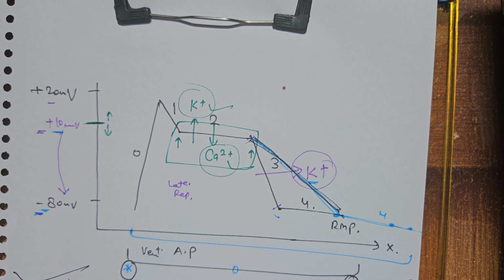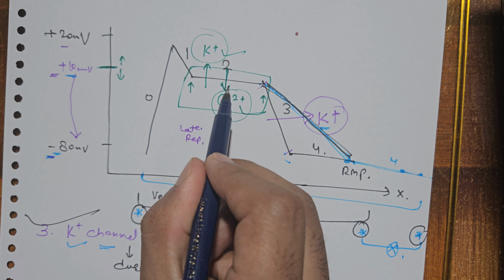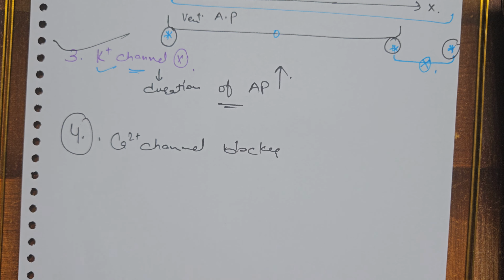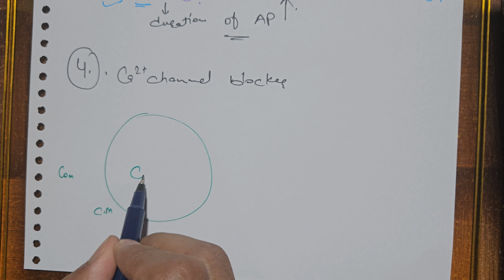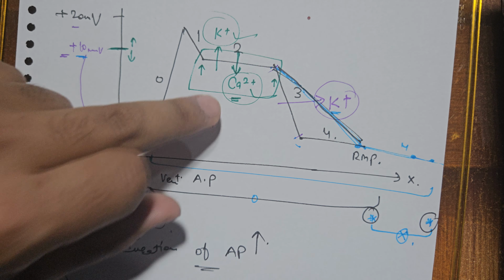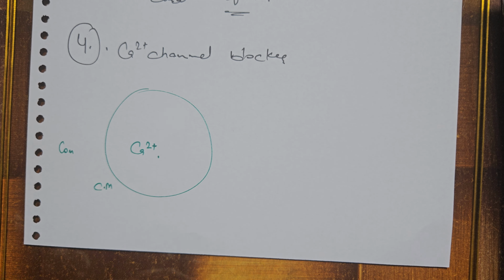But here an interesting thing happens. In this plateau phase, calcium is entering inside the cardiac muscle, and we know that for a cardiac muscle to contract, it needs calcium. And where is this calcium coming from? It is coming in this plateau phase. That means in the plateau phase, calcium is entering the cell, and that calcium is responsible for the contraction of cardiac muscle.